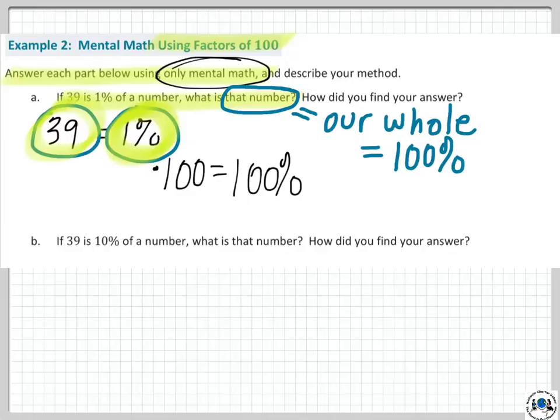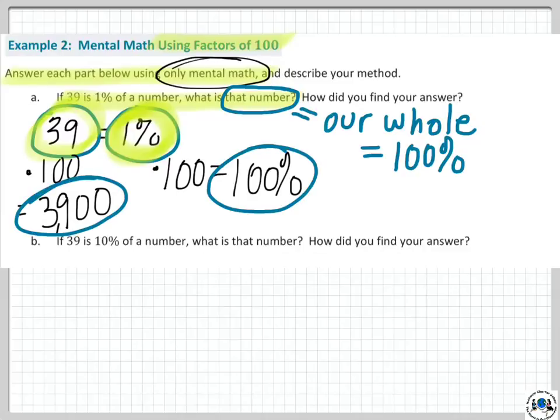That's what I'm trying to get to, and therefore, I need to multiply the other side by 100 as well. That would be 3,900. So our 100%, or that number, is 3,900.